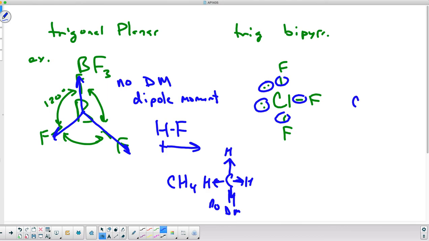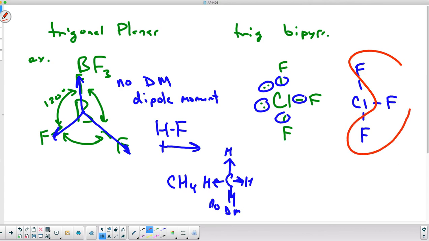T-shaped is not symmetrical, and here's why. On this side here, we get more fluorines and more electronegativity. That means that we have dipole moments flowing in this direction. So this has a dipole moment.